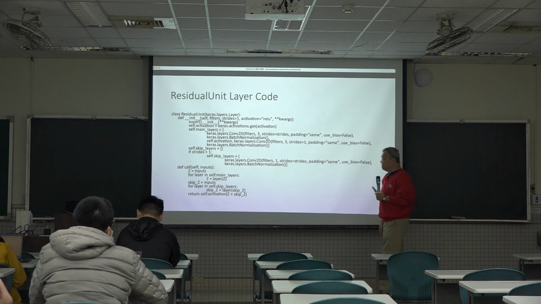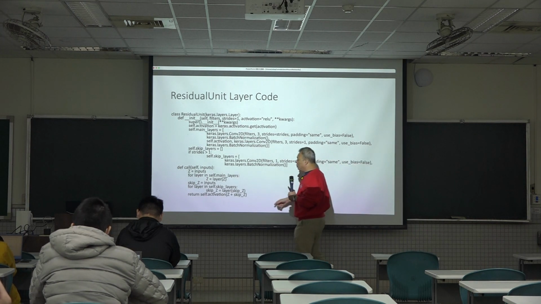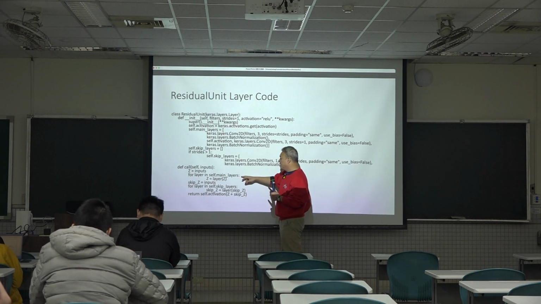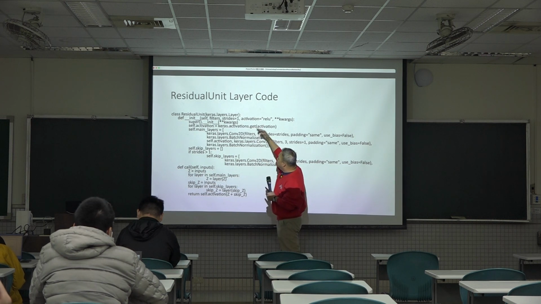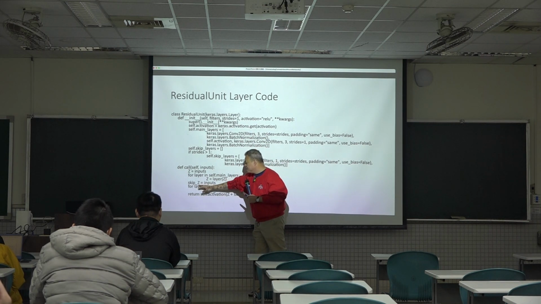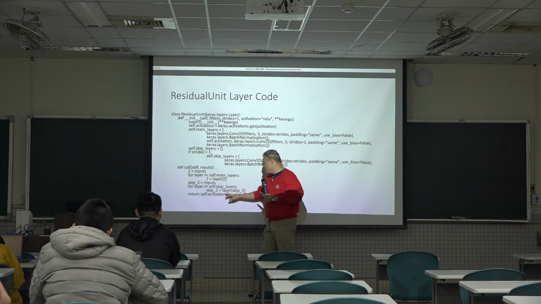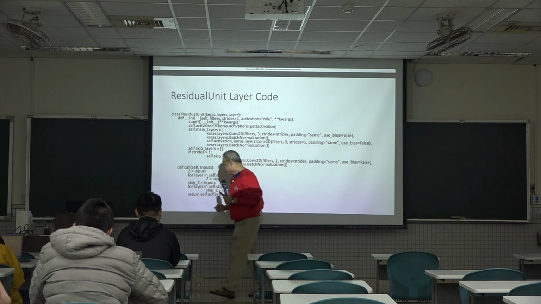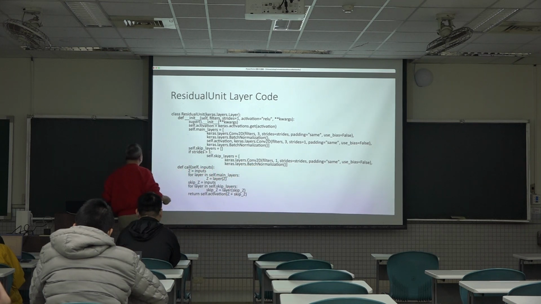First, we put these layers in, just using this loop to put them together. And then we have a skip connection. We put this there appropriately, and that's it. So this is the residual unit layer class.